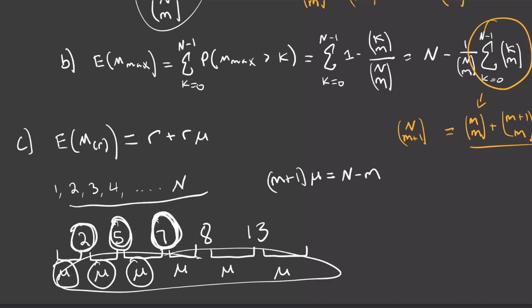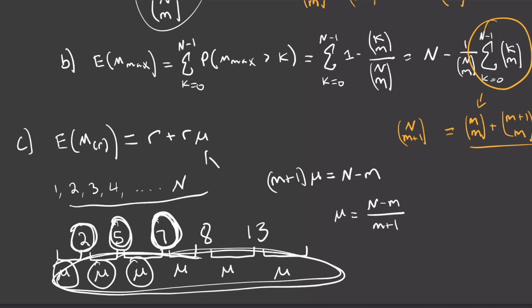So if we're summing up all of the numbers in between the numbers that we chose, that should be equal to n minus all of the numbers that we chose. So if we solve for mu here, the expected gap length should be equal to n minus m divided by m plus 1. And then when you plug in that mu into this equation right here, we're going to get r plus r times n minus m divided by m plus 1.